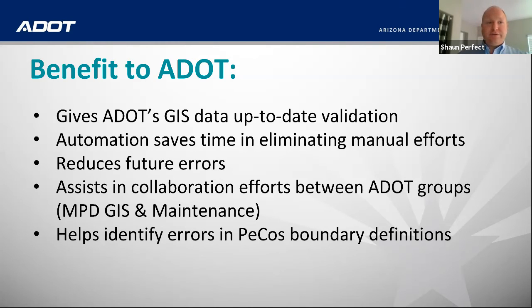In other examples, one of the big pushes that we're doing now is teaming up with different groups within ADOT and some different state organizations, and collaborating if they have tabular data to integrate that into GIS if it makes sense. Say, for instance, if they have any location data whatsoever, we want to bring that into our GIS and be able to overlay that with a lot of other events.